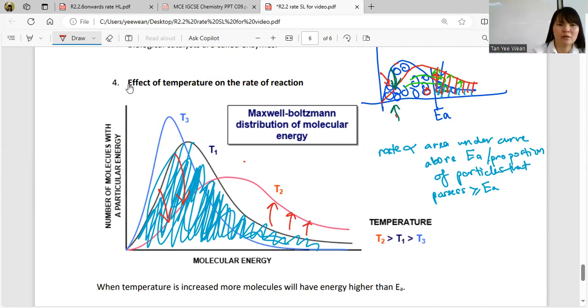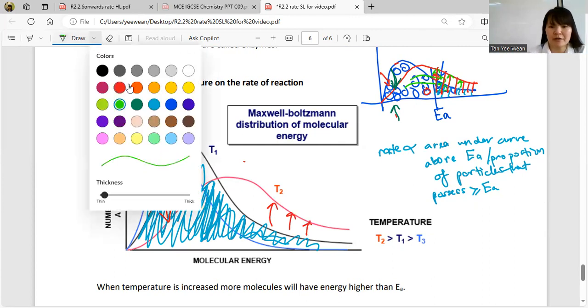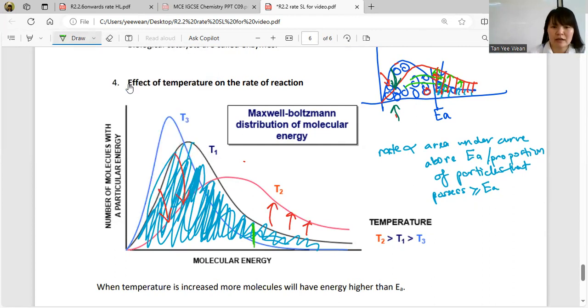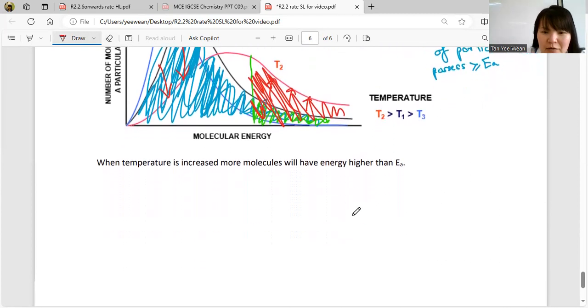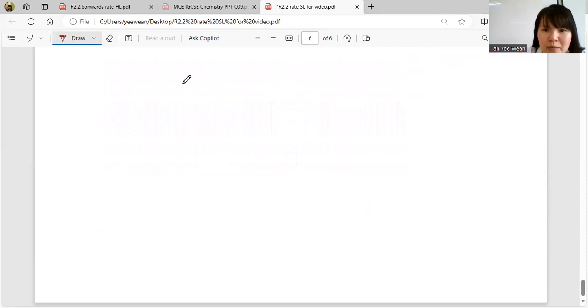And if here was the activation energy, now there's more. So originally just this portion can react. Currently, now this whole portion can react. So the area has increased, which means the rate of reaction has increased. That's all you missed for the SL portion.